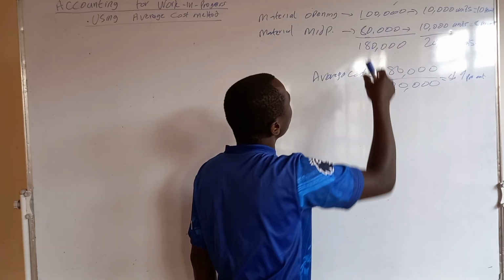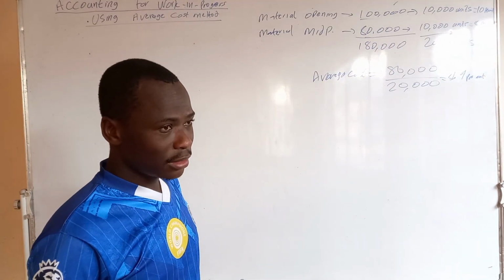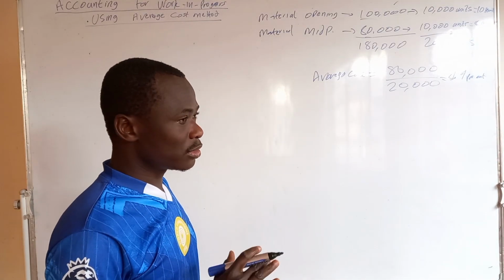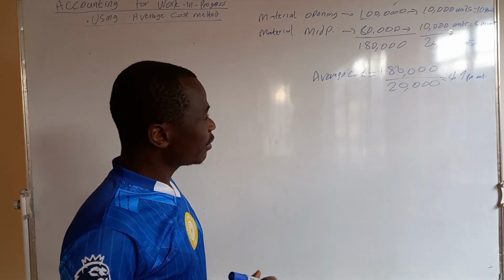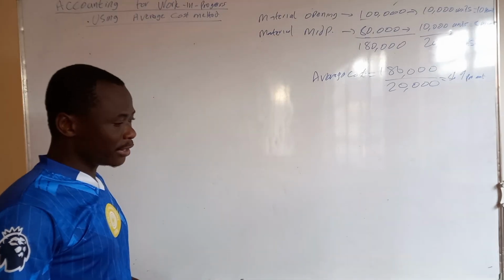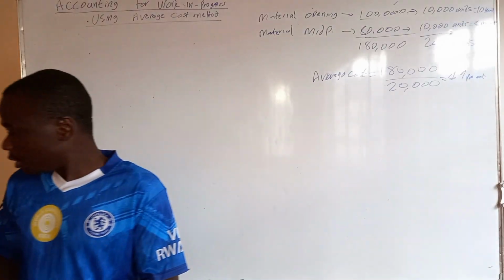You might find that the ones that came at the beginning, we didn't use all of it, so we only take the portion that we used. But in average, we take everything. We take everything that we acquire, not only what we use.